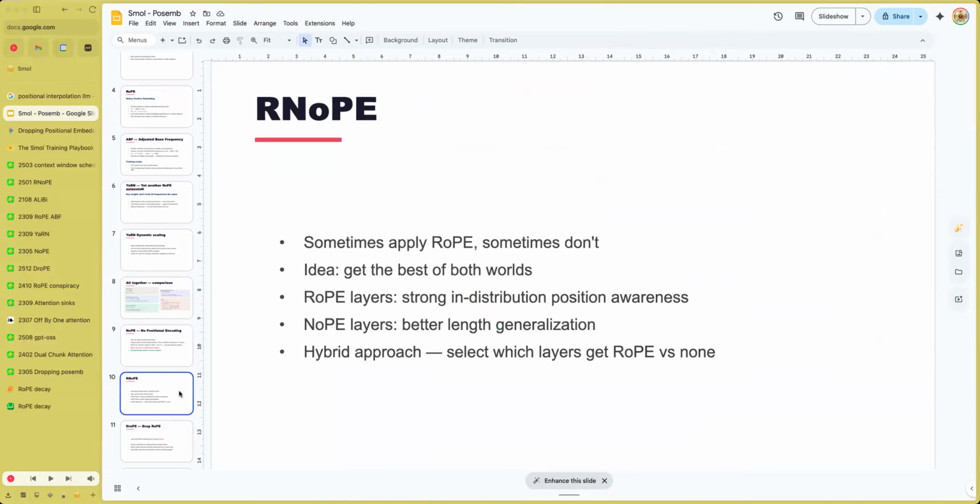So there's a trade-off. And with this trade-off, we can easily come to an idea: what if we do sometimes RoPE, sometimes no RoPE. And that's exactly what they are suggesting in the SmolLM training playbook. I had this paper open somewhere. Oh yeah, in NoPE, they drop the rotary positional embeddings in some layers and keep them in others, and this gets you the best of both worlds.